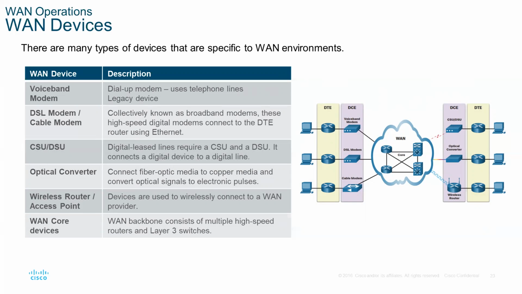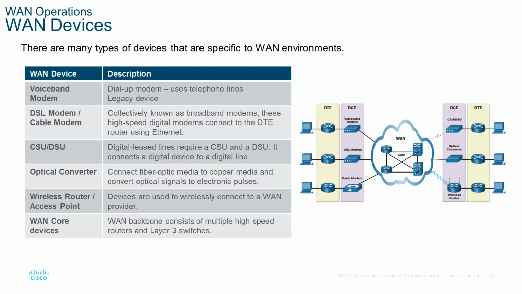Next, you have a CSU/DSU. This is a device that was used to connect leased lines, and they provided a digital service to an analog service, if you like. If you were connected via optical service, then you needed an optical converter to convert from fiber optic to copper, which is generally what was used in your local area network.